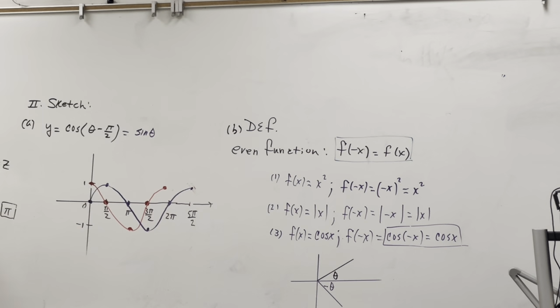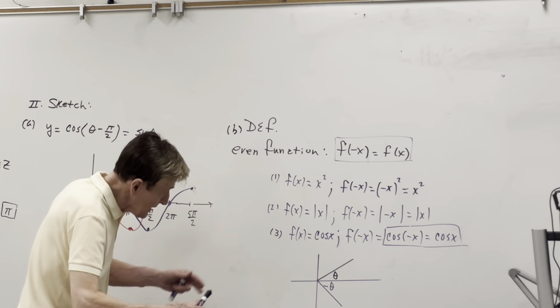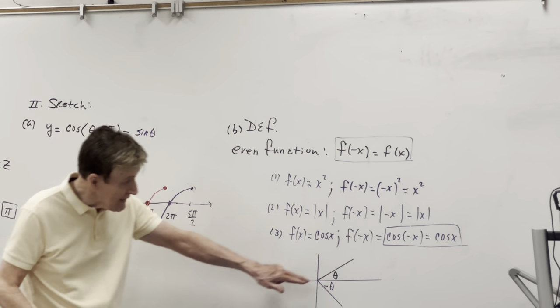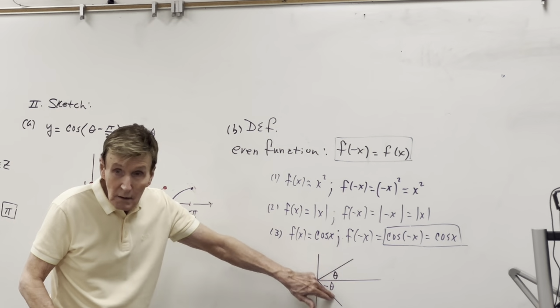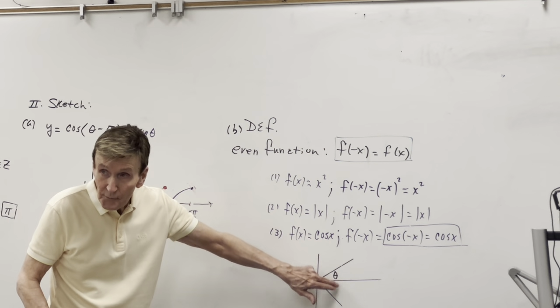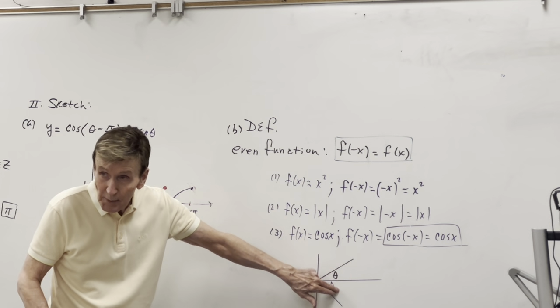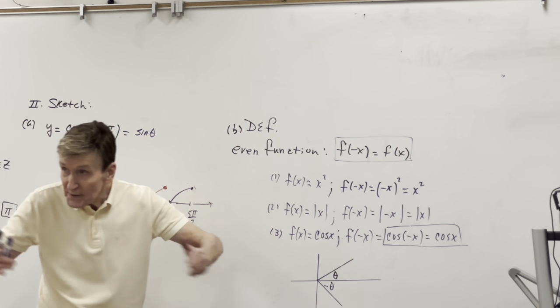Is cosine still positive in quadrant 4? Do they agree? They're the same. So I can identify cosine as an even function. That's going to play a big part here. So this is even. Rita, you said it was. I'll accept it. There's a little rationale why: these right here will give you the same value. Cosine's positive here. Cosine's positive here. Of course, I have the same size angle.